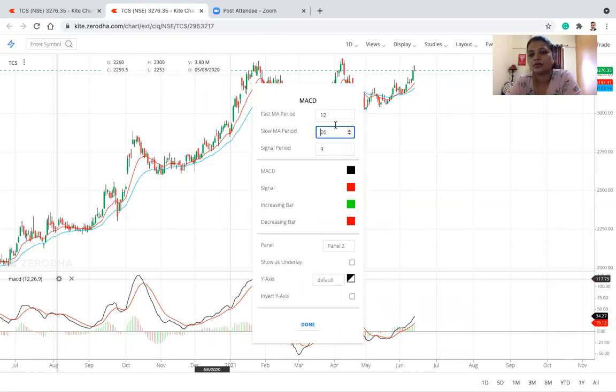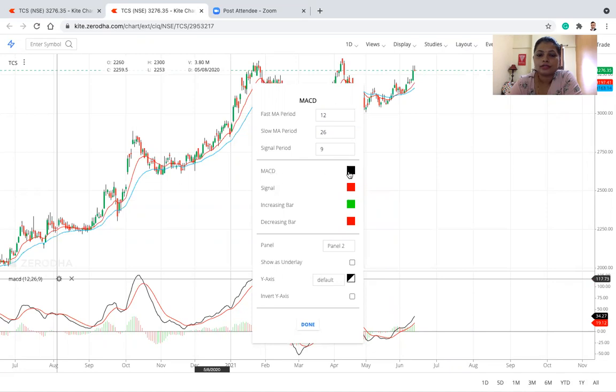It's not necessary to go with the default setting, but most people do, and that's where most people see the divergence and convergence. But if you're planning to analyze a stock on a long-term basis, you can change the levels.